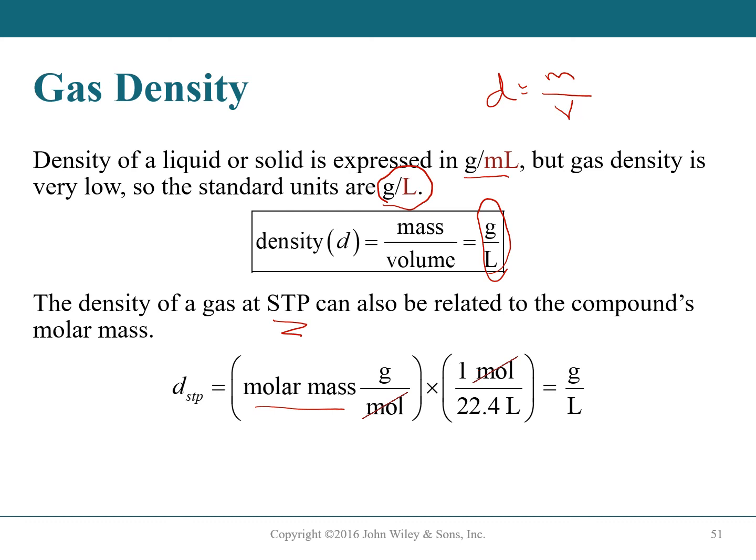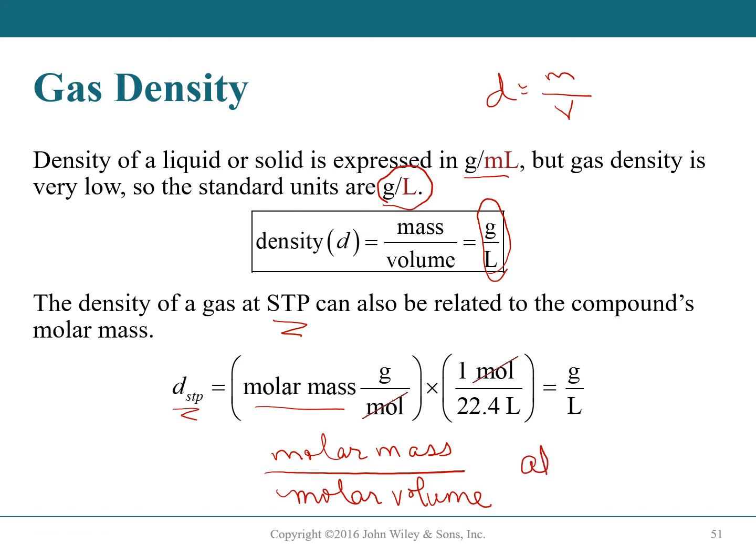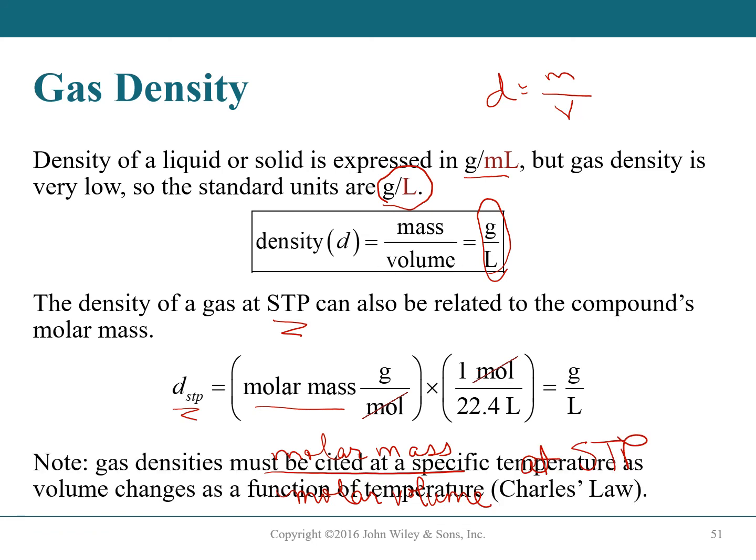So in other words, we can determine our density if you multiply the molar mass divided by our molar volume. And this is at STP.